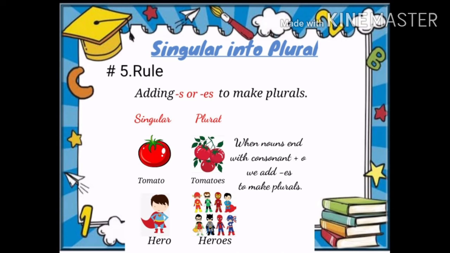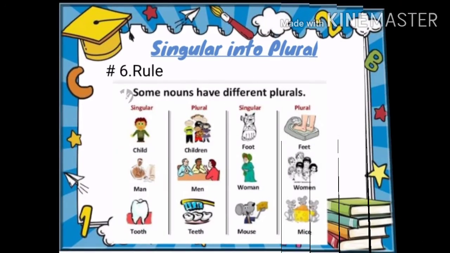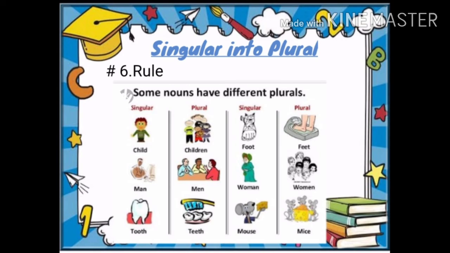Next comes our sixth rule, which implies that there are some singular nouns which have completely different plurals, and these nouns are also known as irregular plural nouns because these plural forms are formed without adding S or ES or any other letter or letters which we have recently studied.